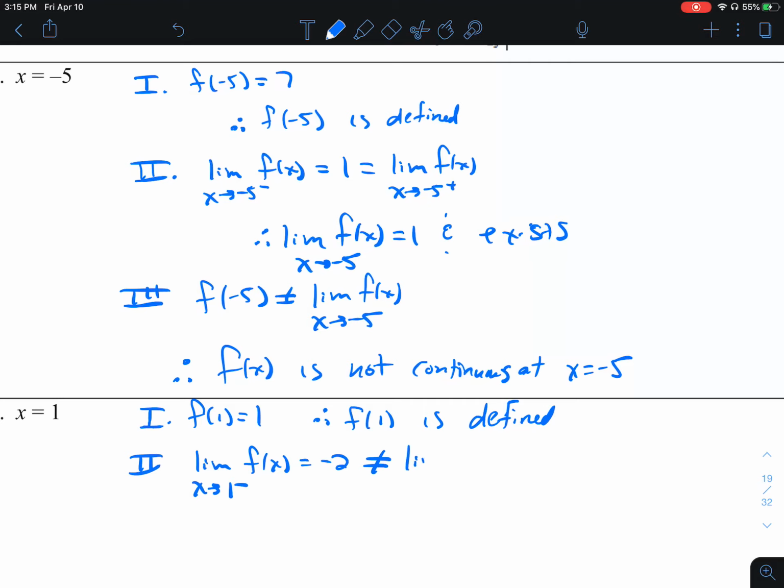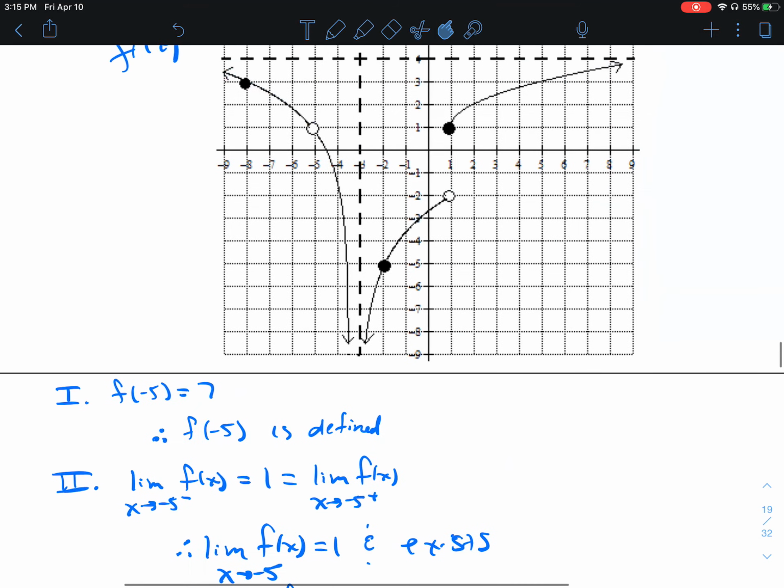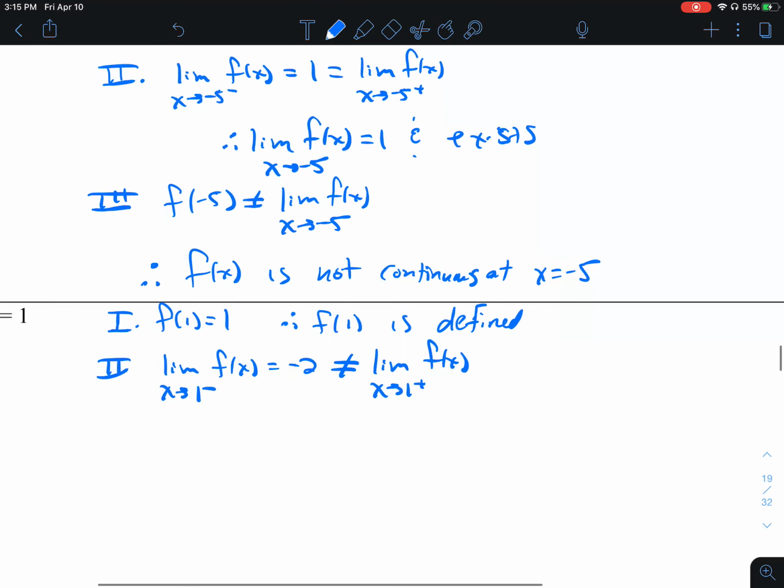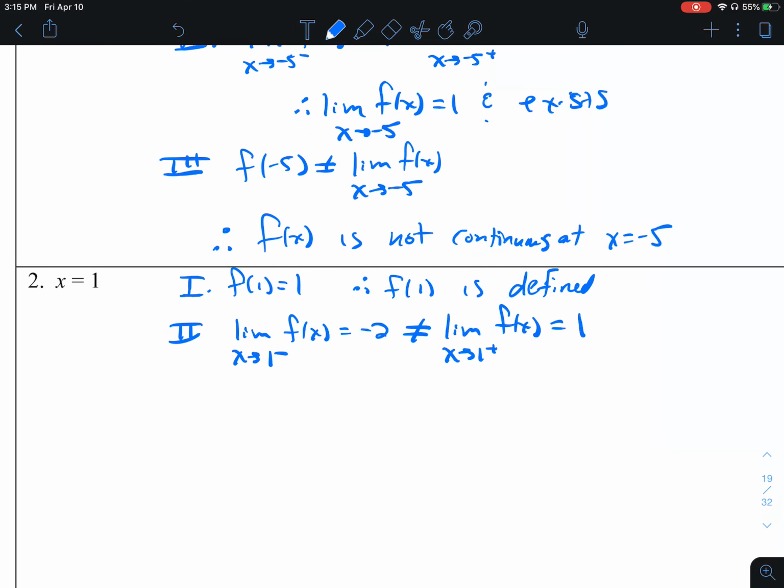That does not equal the limit as x approaches 1 from the right. Because if we look at our picture, if we approach from the right, y is approaching 1. So those two are not equivalent. Therefore, the limit of f of x as x approaches 1 does not exist.